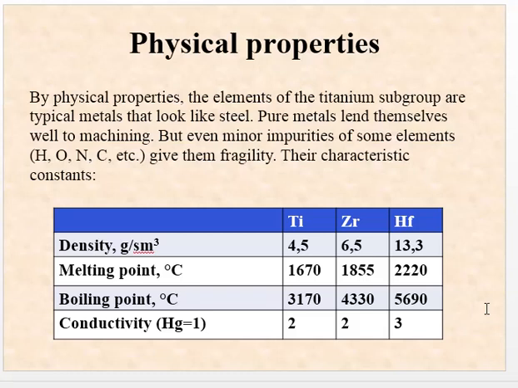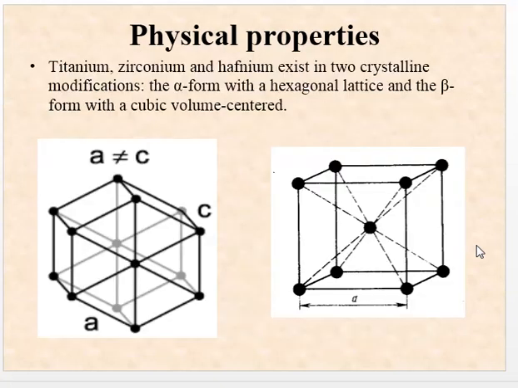Their characteristic constants, the density, melting point, boiling point, and conductivity of titanium, zirconium, and hafnium, are in our table. Titanium, zirconium, and hafnium exist in two crystalline modifications: alpha form with the hexagonal lattice and beta form with the body-centered cubic lattice.